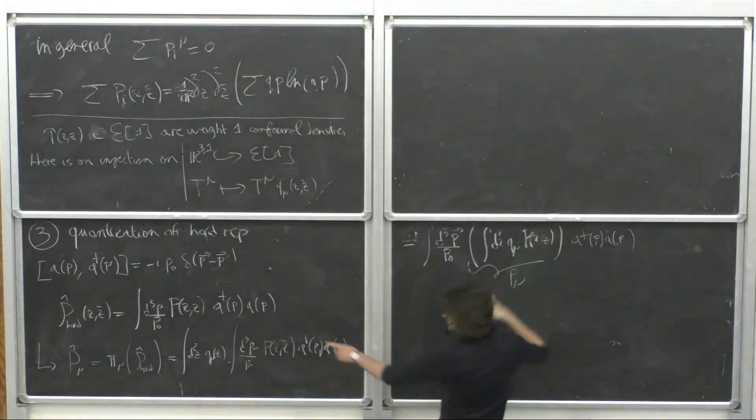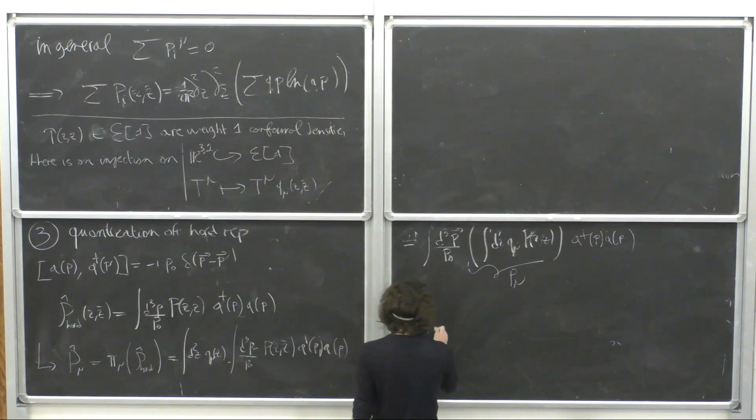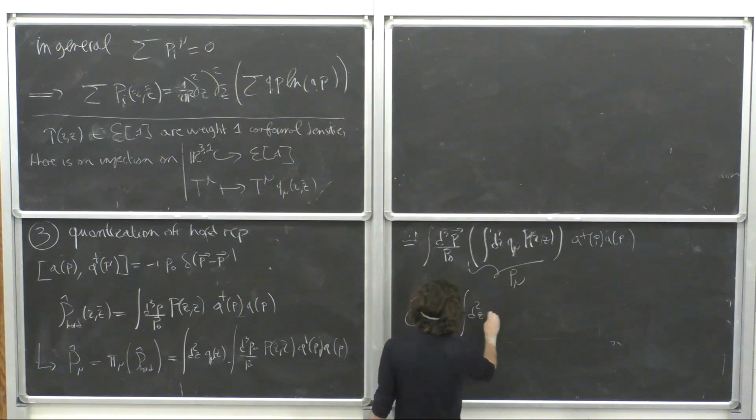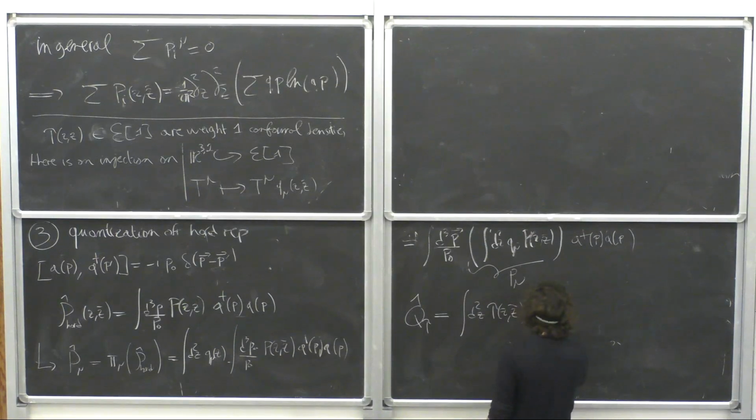So this is the super translation generator. Now what we usually write is the charges Q_T, and the charge is just, now you integrate your super translation generator against the super momentum operator, right? So this is like P mu, T mu.